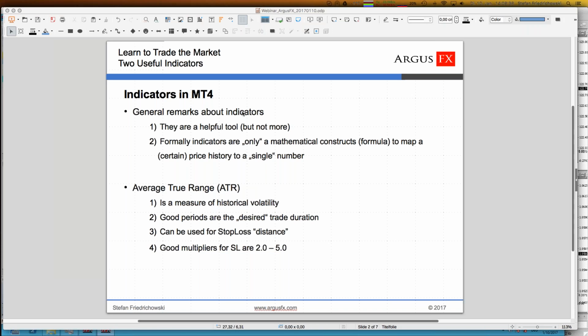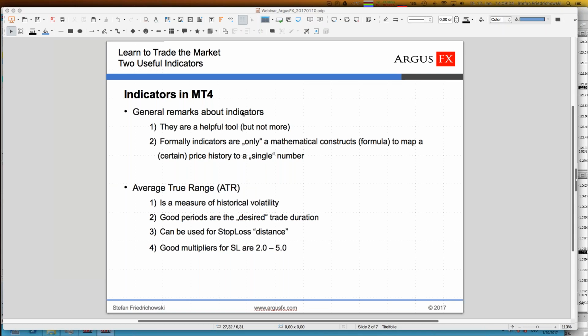So indicators are a quite helpful tool for trading activities, but nothing more. Because formally, you can turn every indicator into more like a mathematical function, a formula. And what is that formula doing?